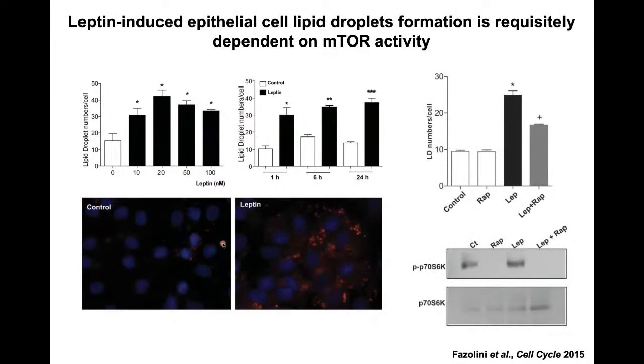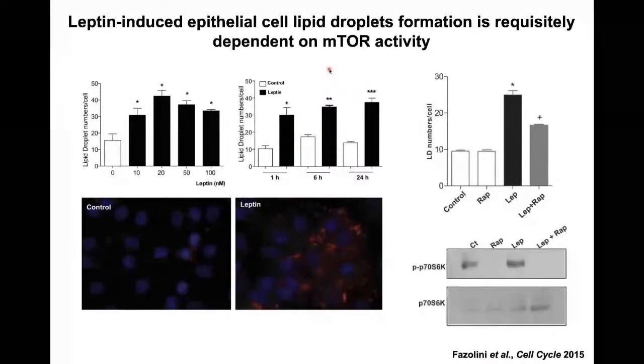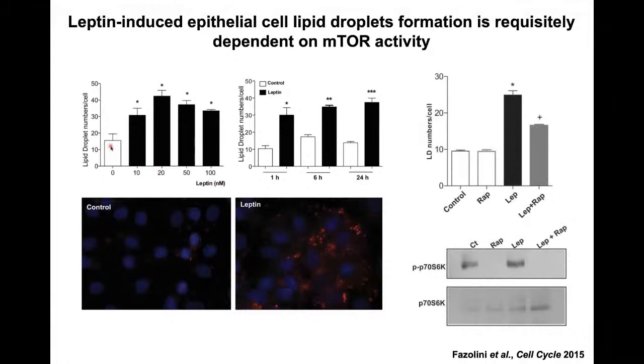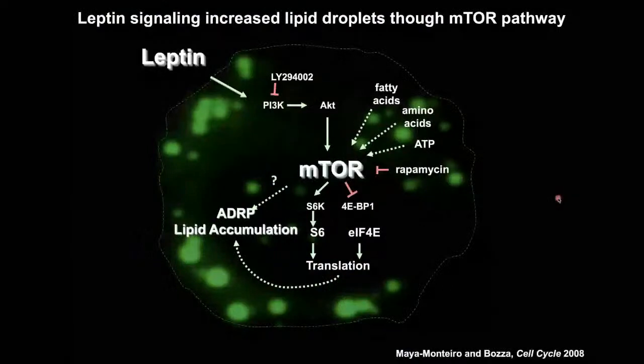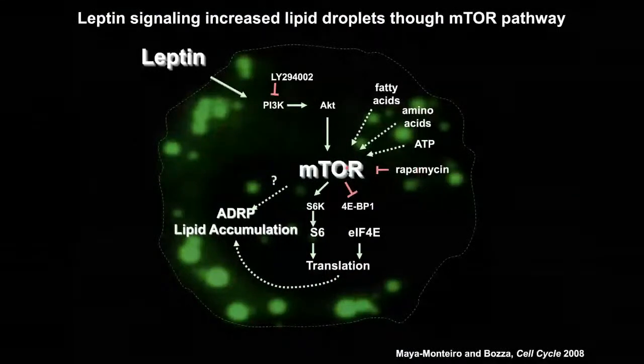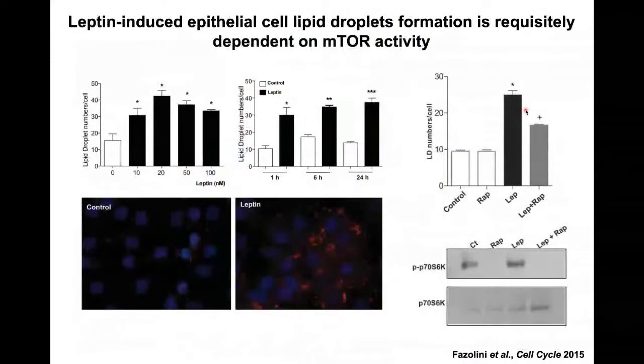For this, we took IEC cells, which are non-transformed epithelial cells, and cultivated them in the presence of leptin. What you see is that leptin is able to induce lipid droplet formation in those cells. And the lipid droplet formation was blocked by rapamycin, a drug which blocks mTOR.